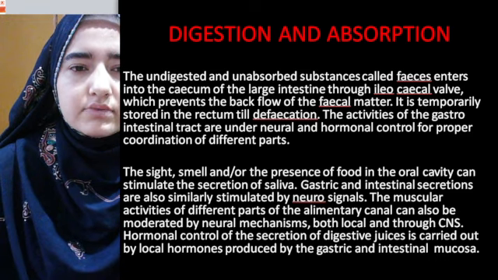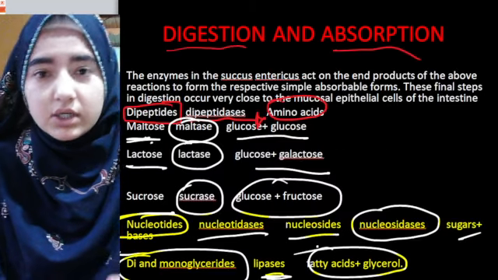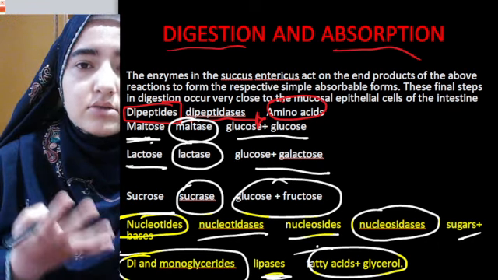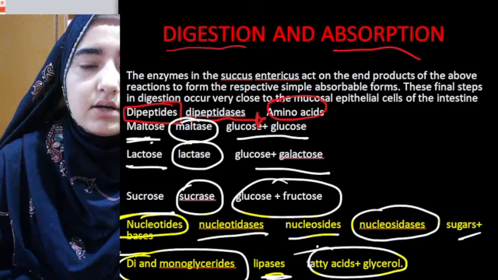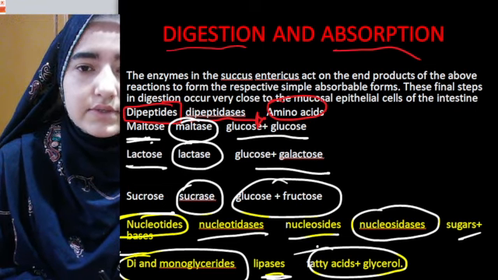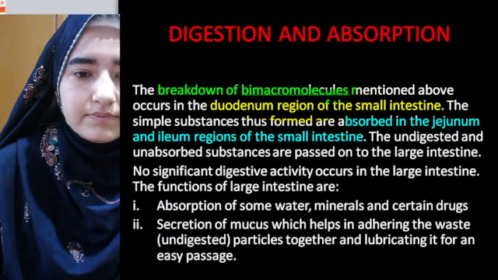For example, the sight of food or the smell of food makes our mouth watery. How? Because all the systems are interconnected, through the central nervous system, CNS. I hope this concept is clear.